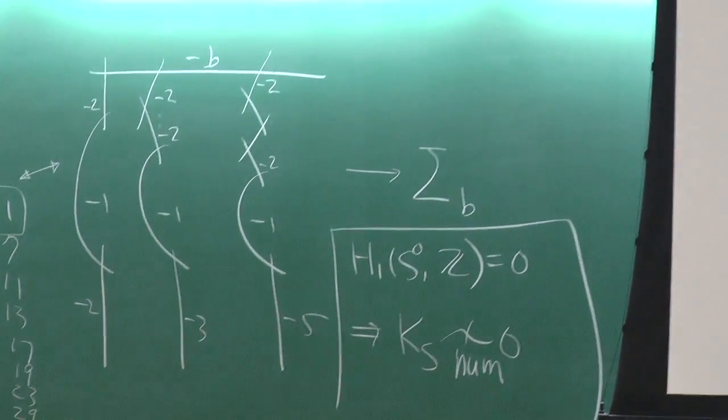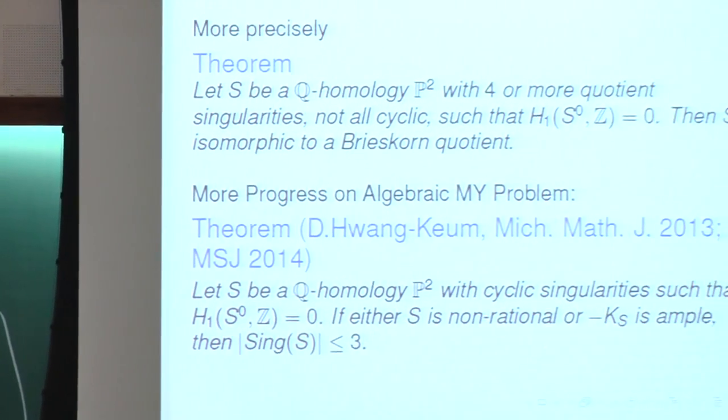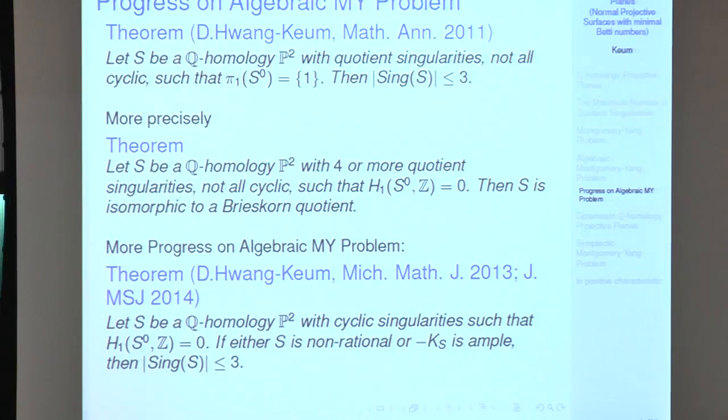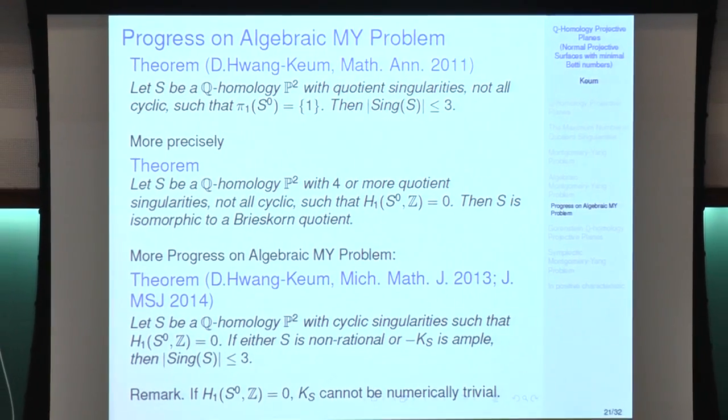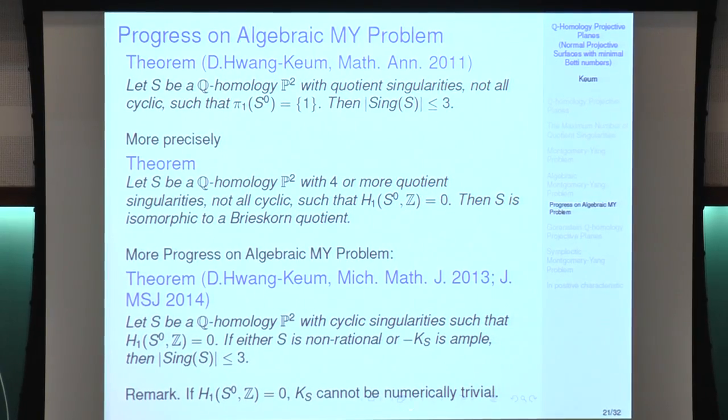So the only remaining case is S rational and K_S ample. If the homology is trivial, then K_S cannot be numerically trivial.